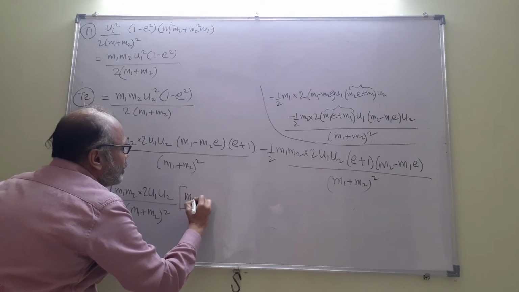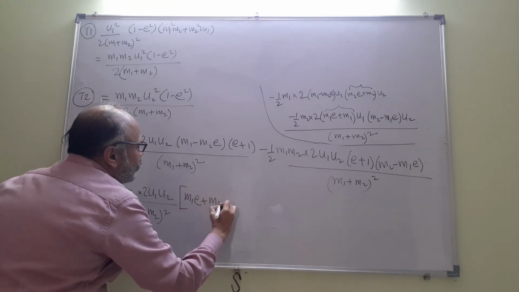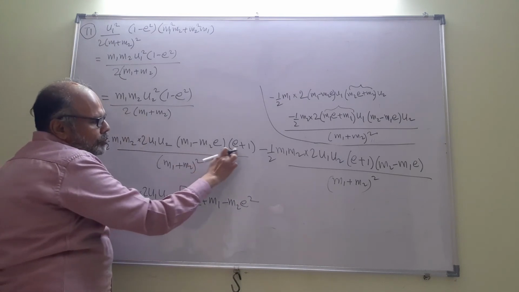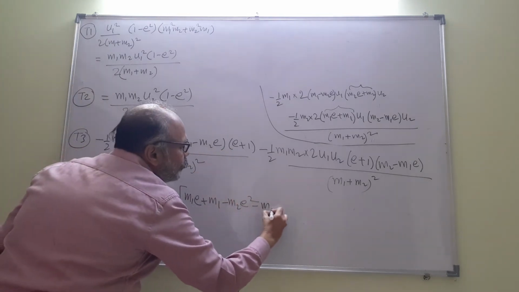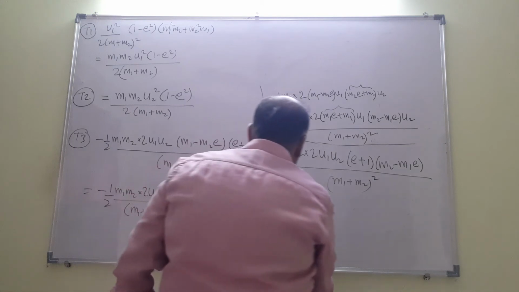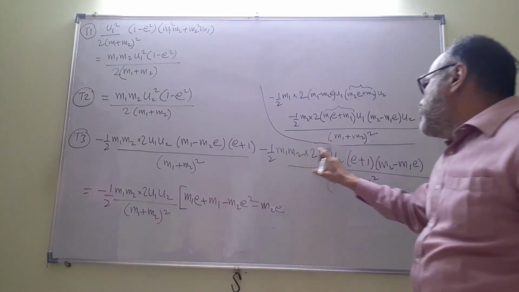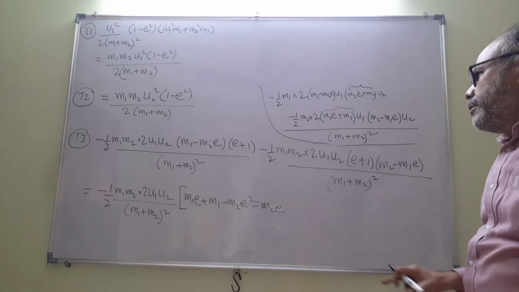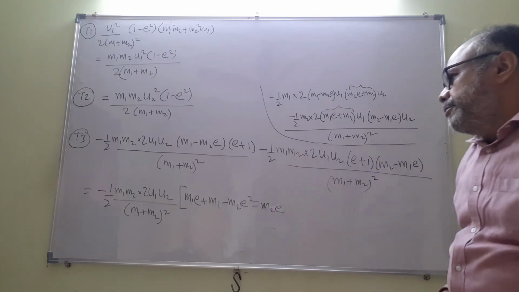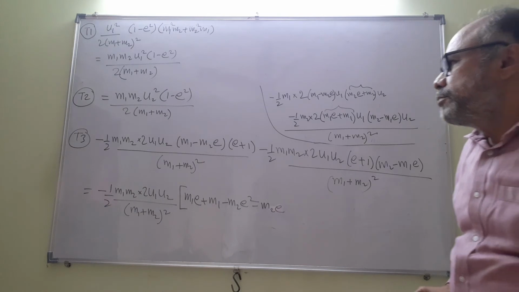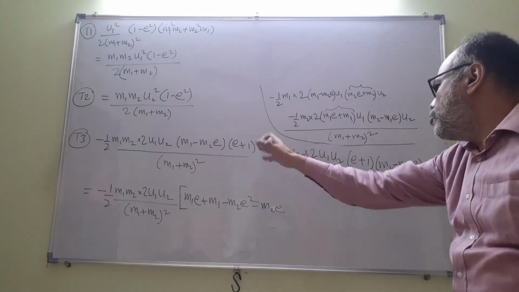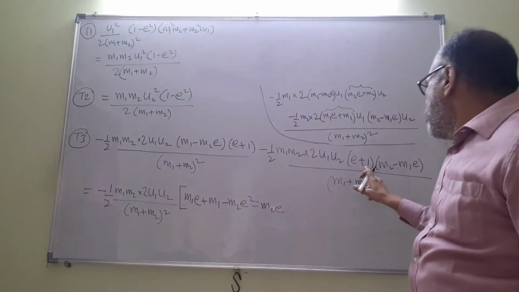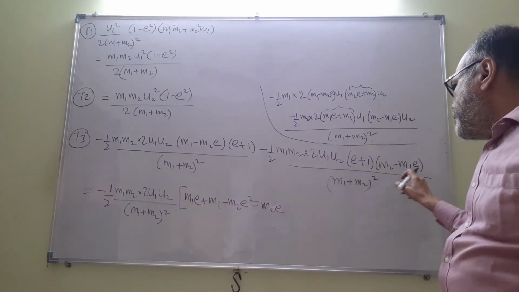That will be m1e plus m1 minus m2 e squared minus m2 e squared minus m2 e. Here again all this has come out as common. We multiply these two terms and write it here. There is a minus we have removed outside. This minus has also gone out.